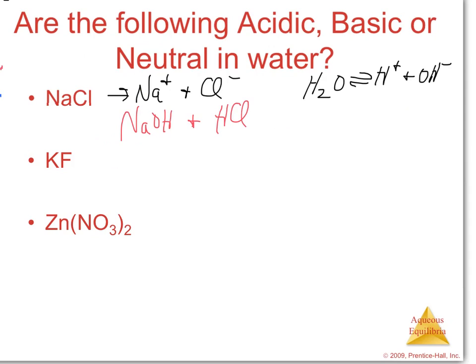So this is a strong base, and this is a strong acid. And if I combine the strong base and a strong acid together, I get neutral, right? If I do sodium hydroxide HCl titration, I'm going to wind up with a neutral solution. So when these get mixed together, this is going to be neutral.